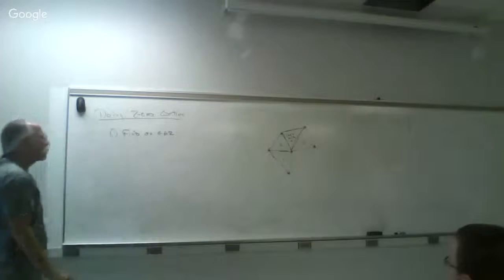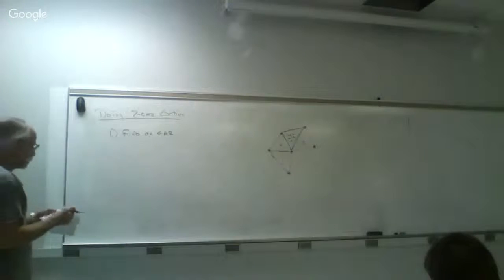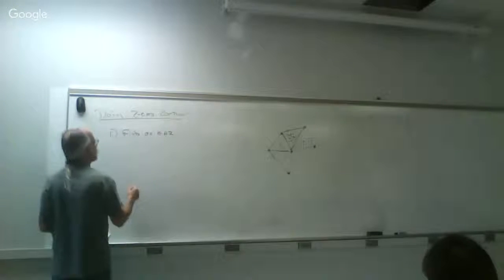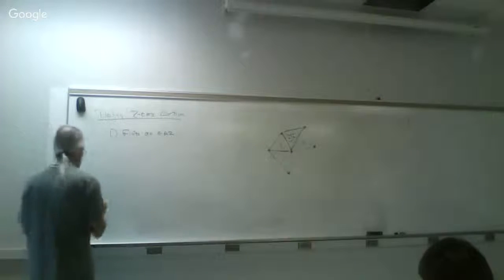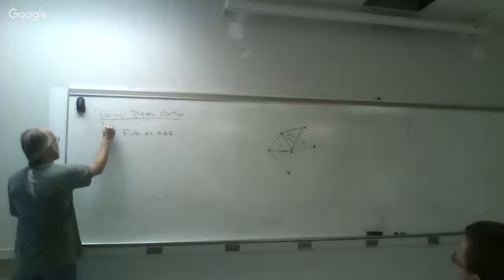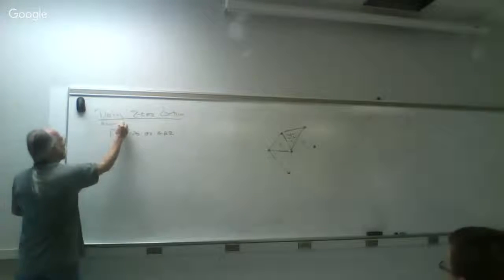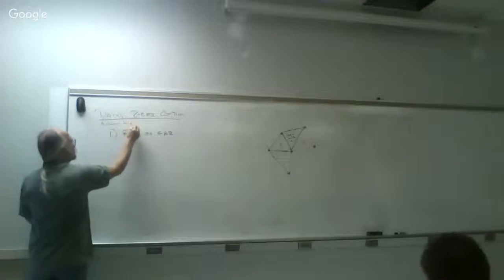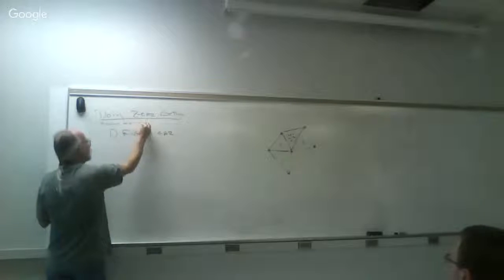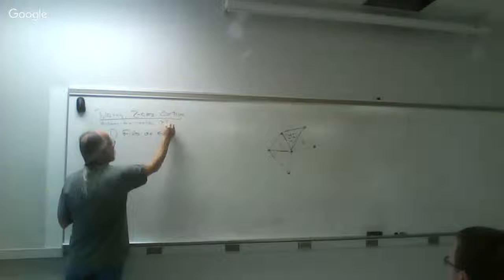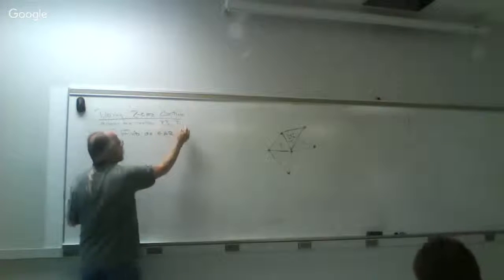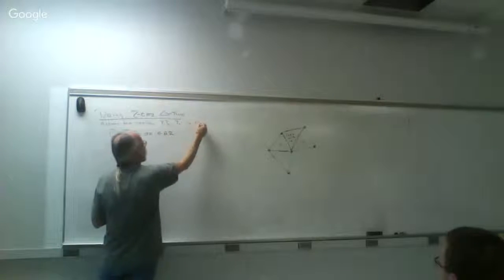And the thing that characterizes being an ear is that, so let's lay some ground rules on this. Let's assume that we have the vertices, let's say P1, P2 through Pn in counterclockwise order.